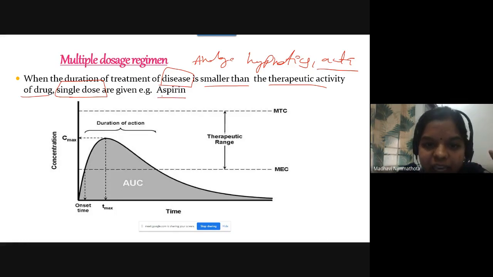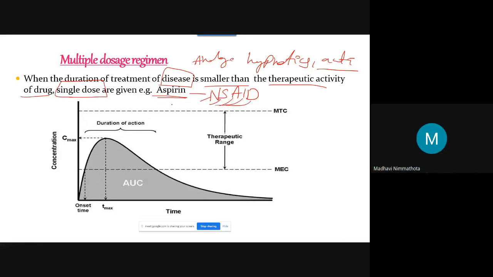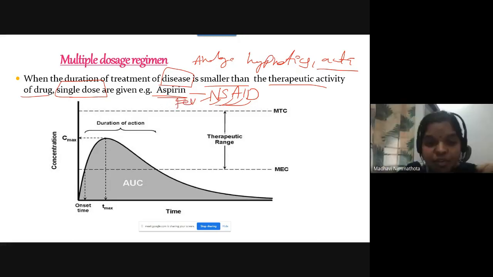In this case, your example is aspirin. Aspirin acts as an NSAID, that is nothing but a non-steroidal anti-inflammatory drug. Aspirin is used in the treatment of fever, right?